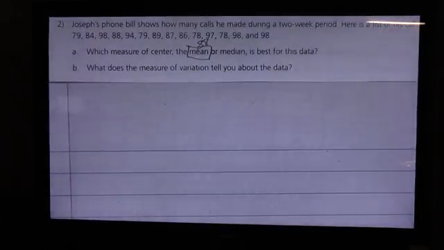Now, I'm going to show how to find mean absolute deviation. The first thing I'm going to do on my paper is list all my values from my data set. And I'm going to just go ahead and do it right here.